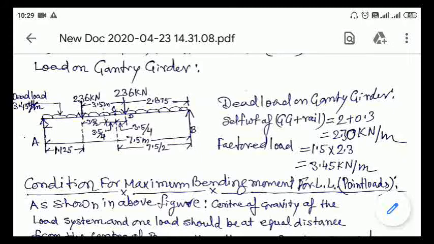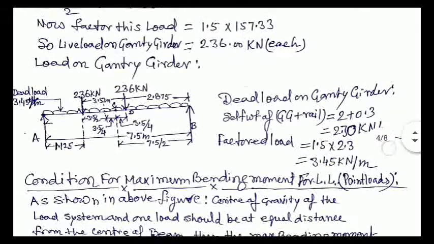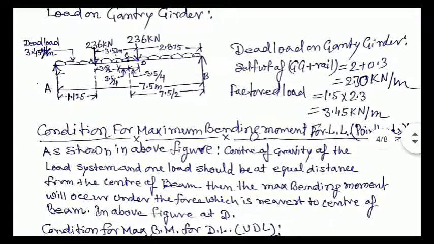So the total dead load on the gantry girder is 2.3 kilonewton per meter. Now factor this load. 1.5 times 2.3 comes to be 3.45 kilonewton per meter. This is the dead load on the gantry girder.